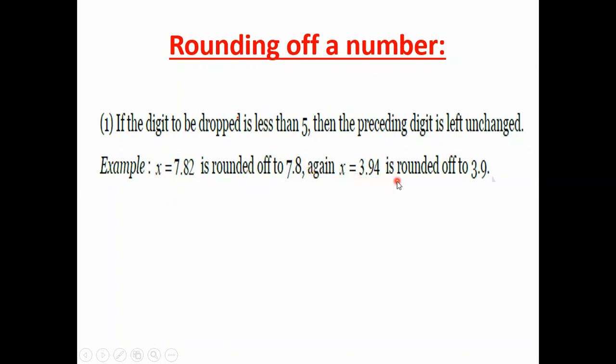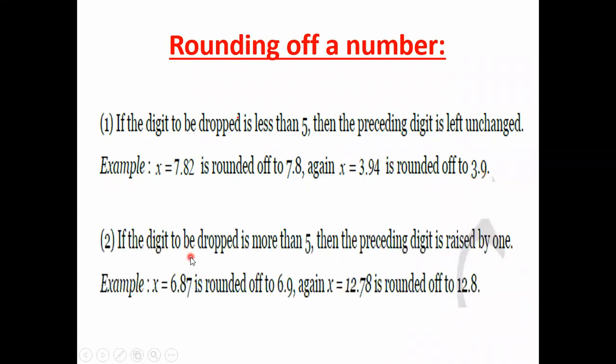Again, 3.94 is rounded off to 3.9. 4 is less than 5, that's why 3.9 only. Next, if the digit to be dropped is more than 5, then the preceding digit is raised by 1. 6.87 is there. 7 is greater than 5, so this 8 becomes 9. See that? 6.9 it is.